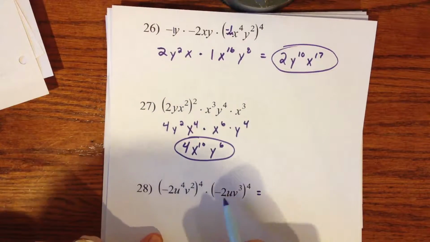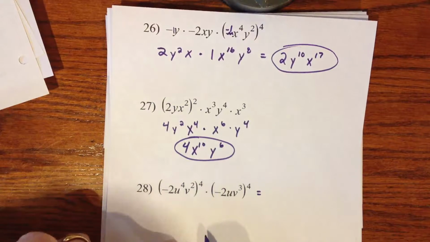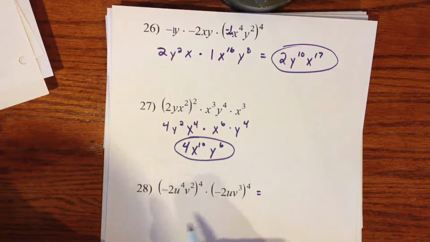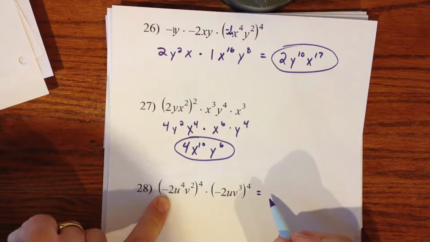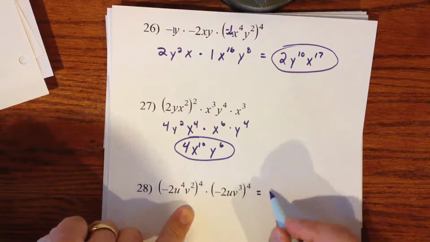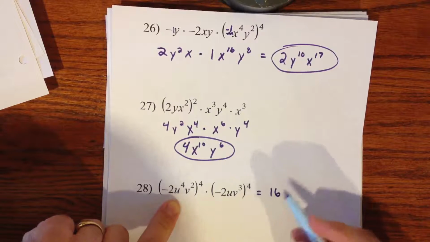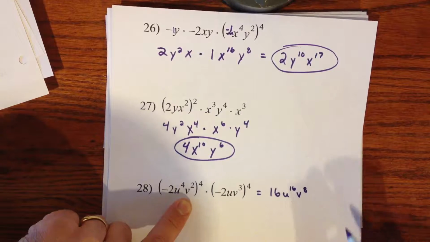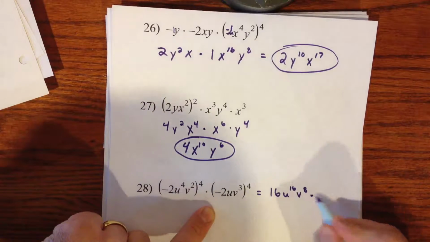I have a power to a power. I have to do that twice before I multiply them together. Alright, there's one like this previously. So it looks like negative 2 to the 4th power is positive 16, u to the 16th, v to the 8th. So I'm multiplying at that point.